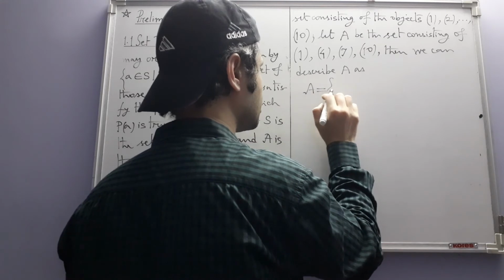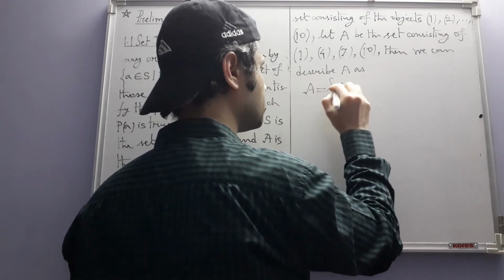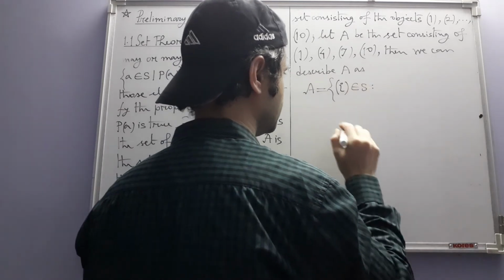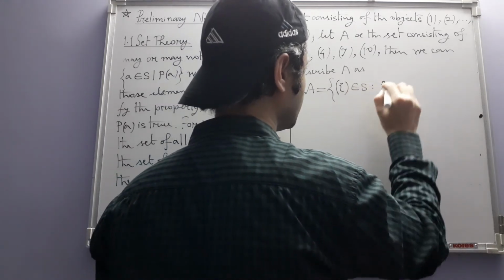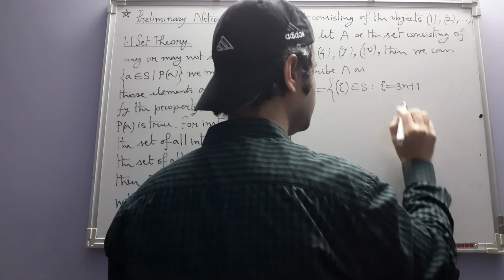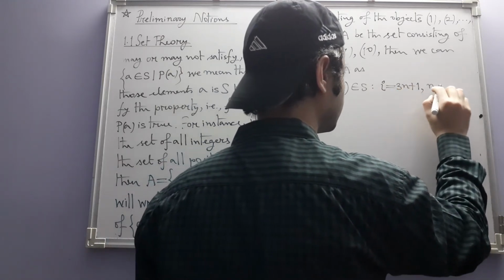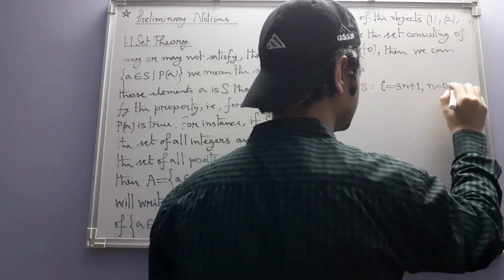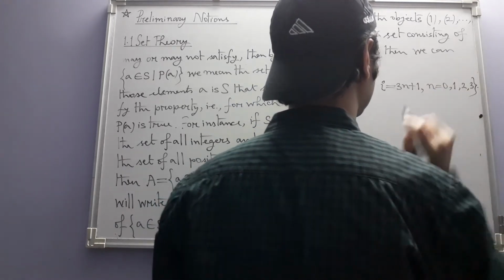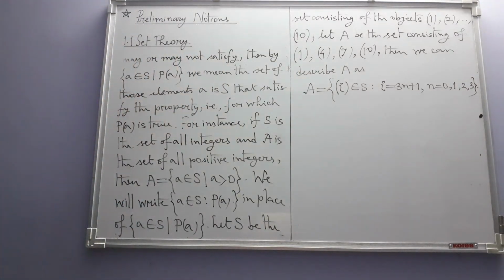A is the set of those objects in S such that i is equal to 3n plus 1, where n takes these values 0, 1, 2 and 3.